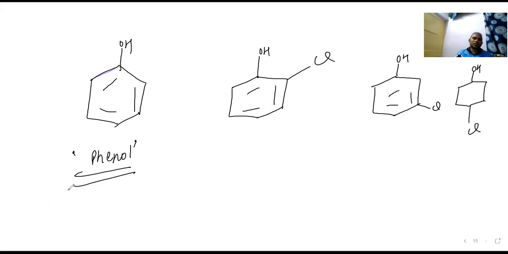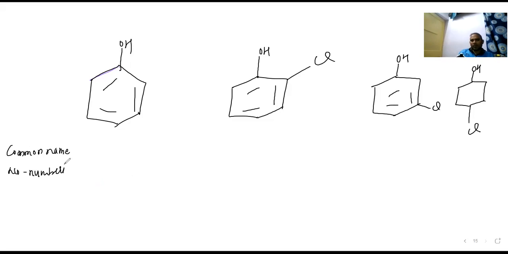This is the common name. Although it is a little difficult, I'm not saying it's easy. We need to practice more and more. Firstly, we are writing the common name. Common name means no numbering.